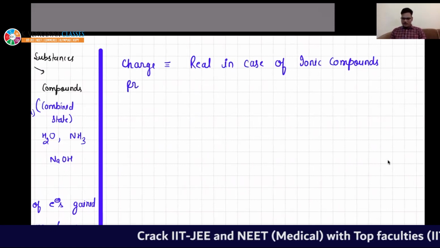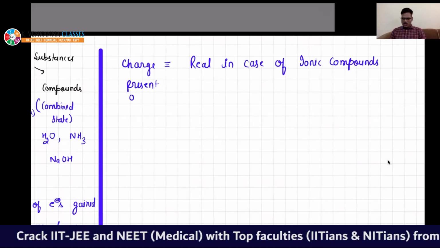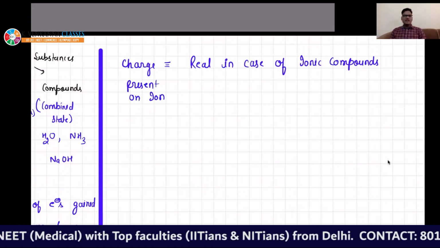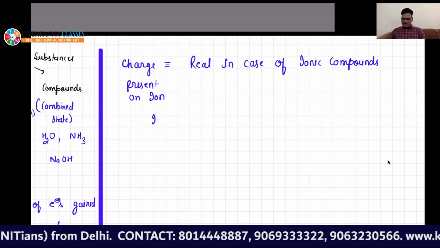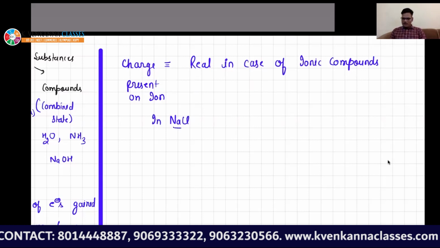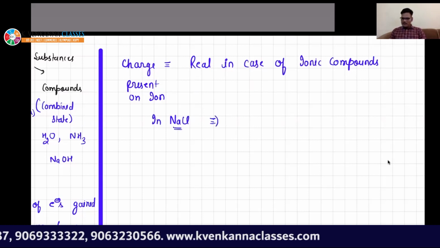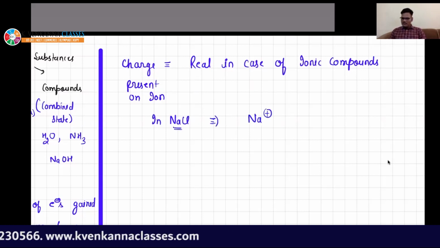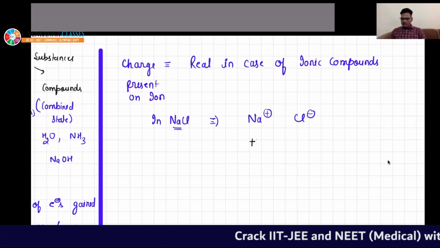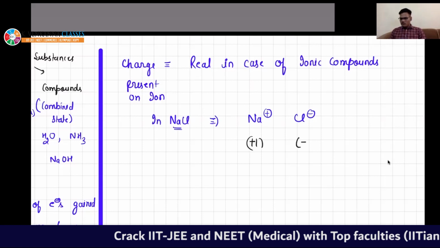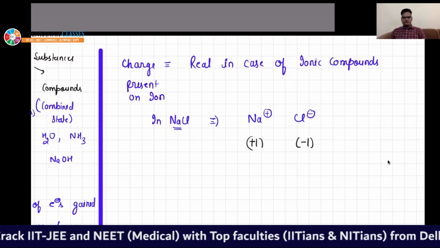We largely consider it as real. For example, in NaCl, sodium exists as Na+ and chlorine as Cl-. So the oxidation number of sodium will be +1 and that of chlorine will be -1.